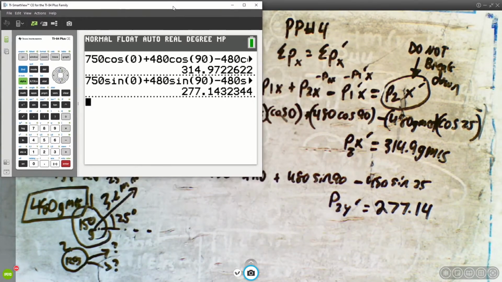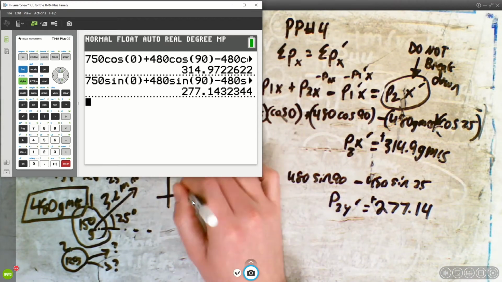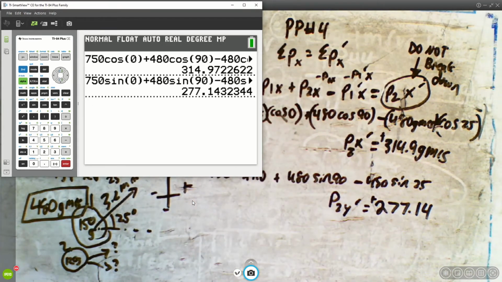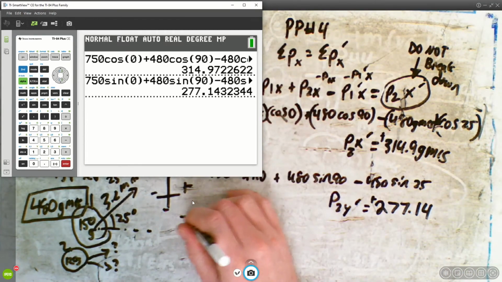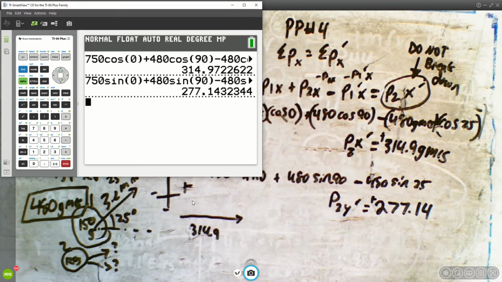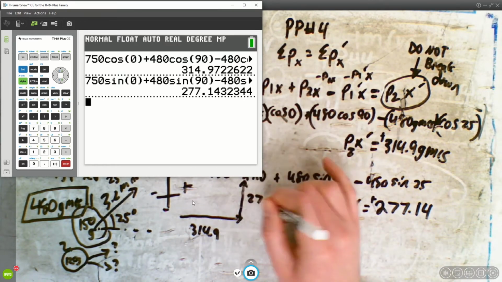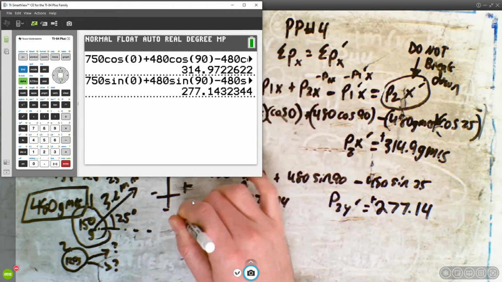Now that we have that, we can draw our final triangle. So both of these are positive. So positive is up and to the right, negative is down and to the left. So I'm going to draw my x as positive, 314.9. And this is slightly smaller, but still positive, 277.14.